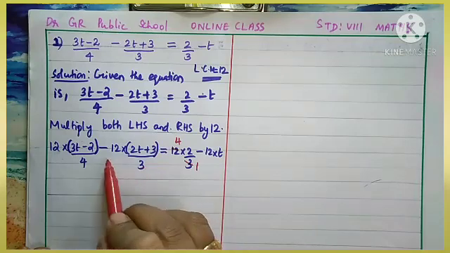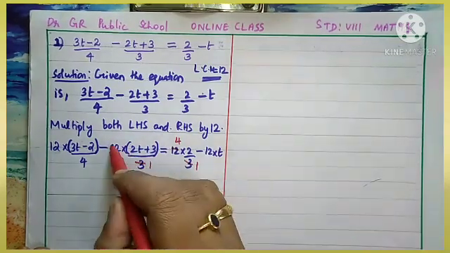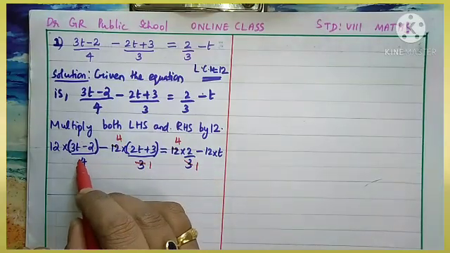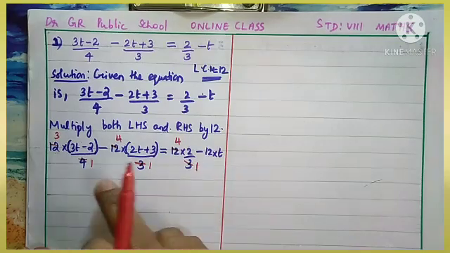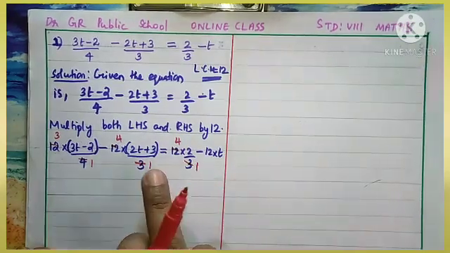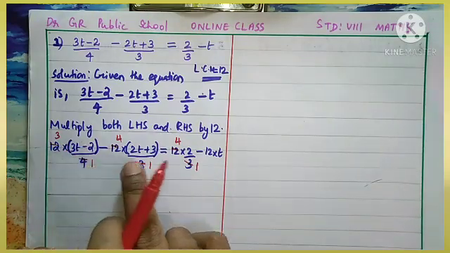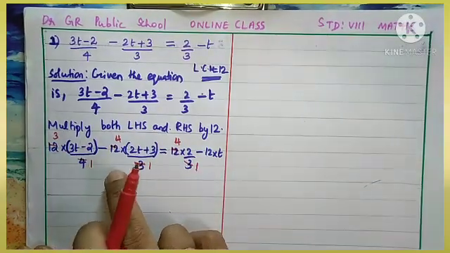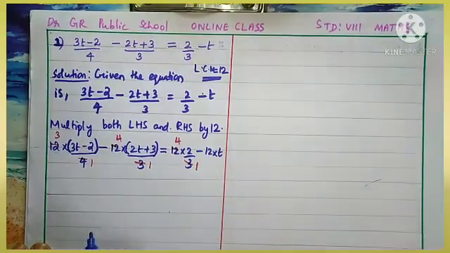Similarly, you see in this term, this 3 and 12 can be cancelled. 1 3 is 3, 4 3s are 12. Similarly, here also 1 4 is 4, 3 4s are 12. Okay, so this is the advantage of this simplification. After multiplying all the terms with the LCM, we can cancel like this, so that the equation becomes more simple.